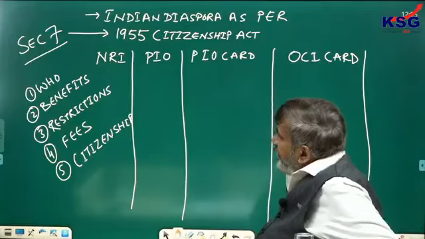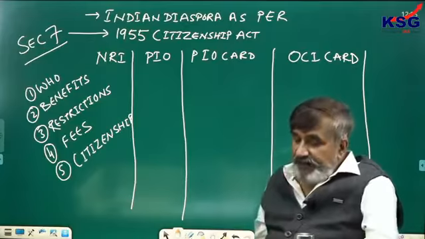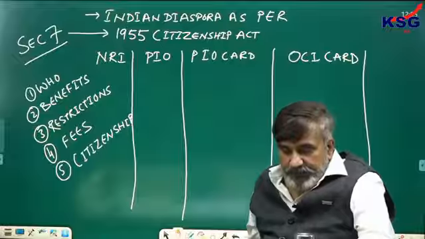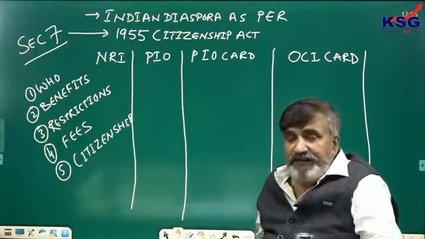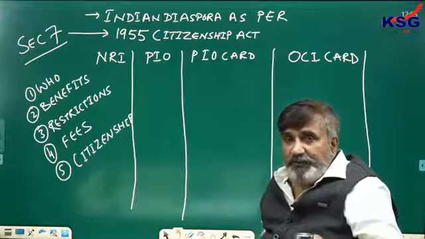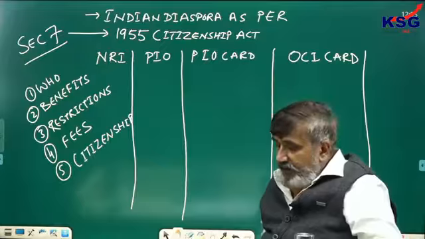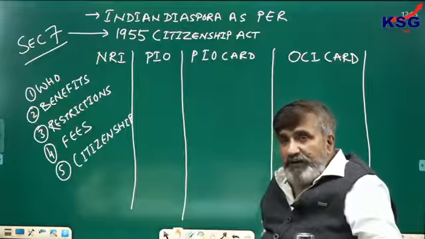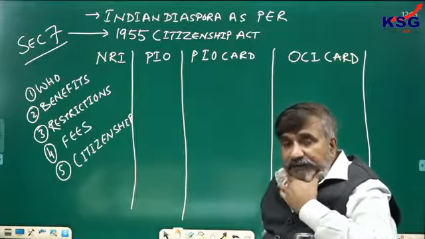Okay, benefits. NRI, what all benefits NRI get? See, since he or she is an Indian citizen, Indian passport holder, what all benefits an Indian citizen enjoys, same benefits NRI enjoys.